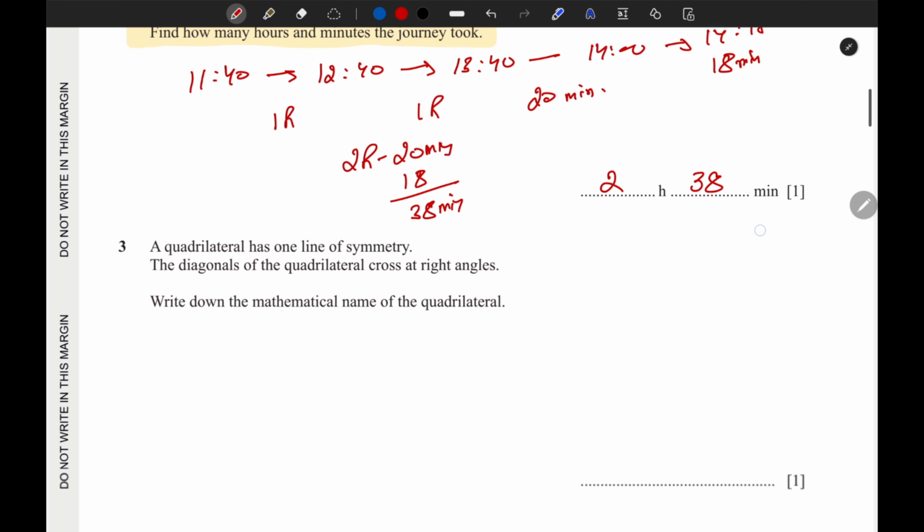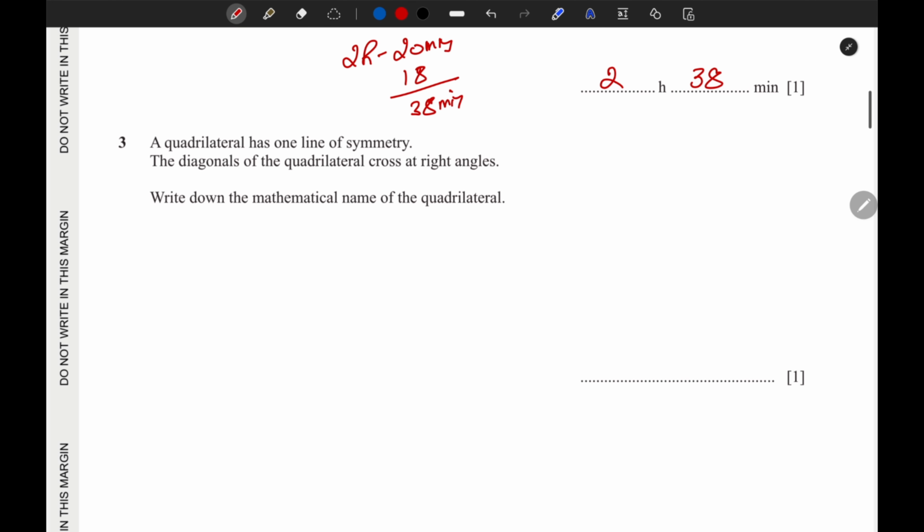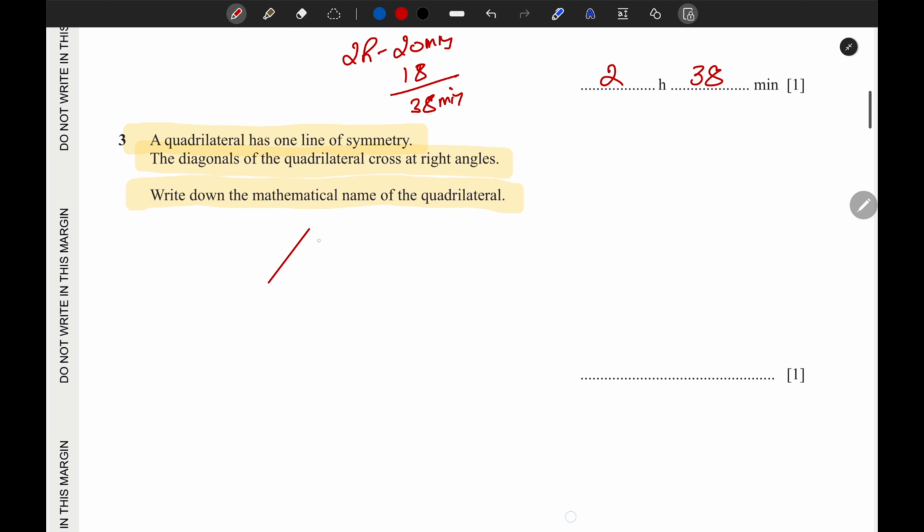Okay, now coming to question number 3. It says a quadrilateral has one line of symmetry. The diagonals of the quadrilateral cross at right angles. Write down the mathematical name of the quadrilateral. So we know that it's a kite. If I draw it like this, this is a kite.